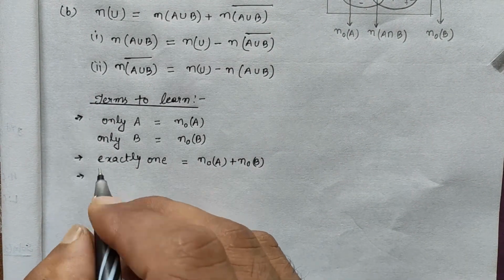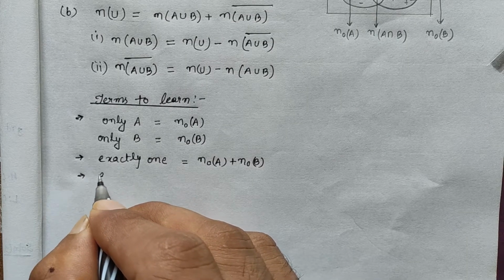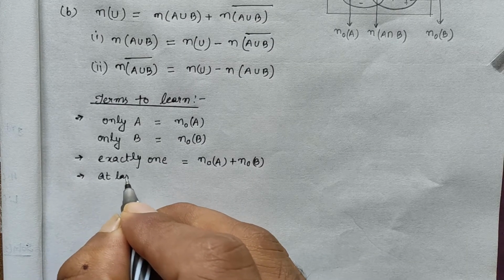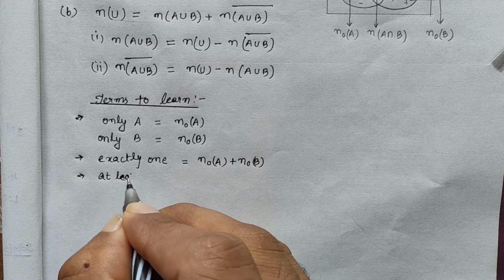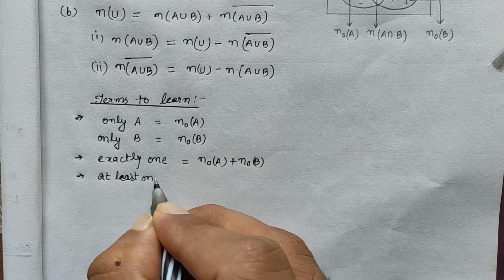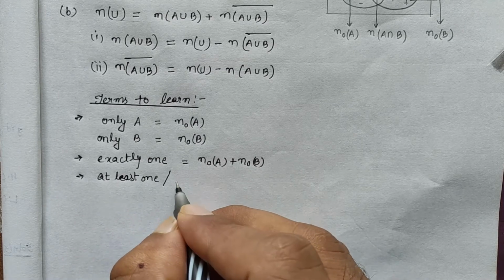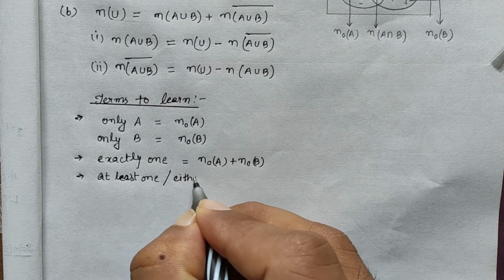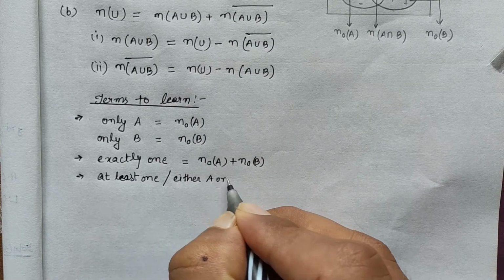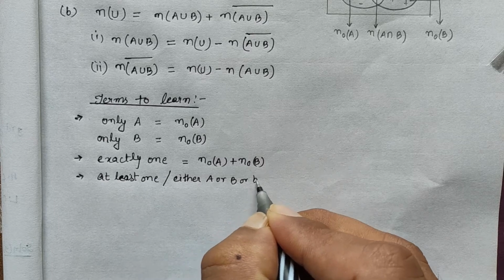We have some other terms also, like at least 1, or you can say either A or B or both.